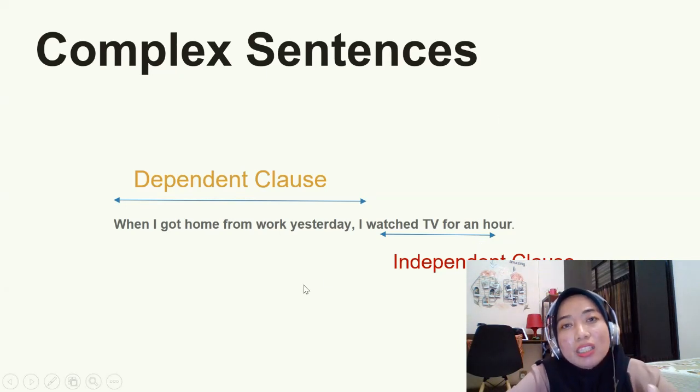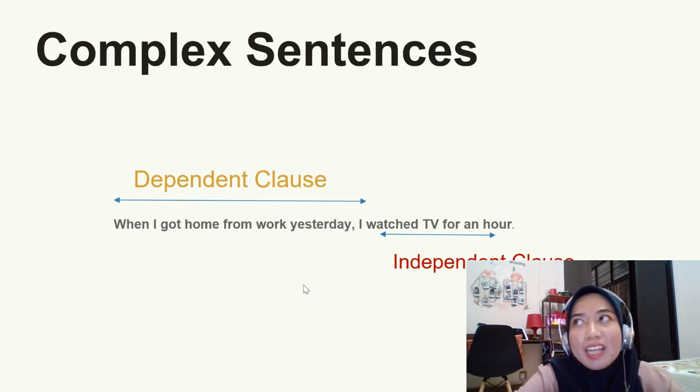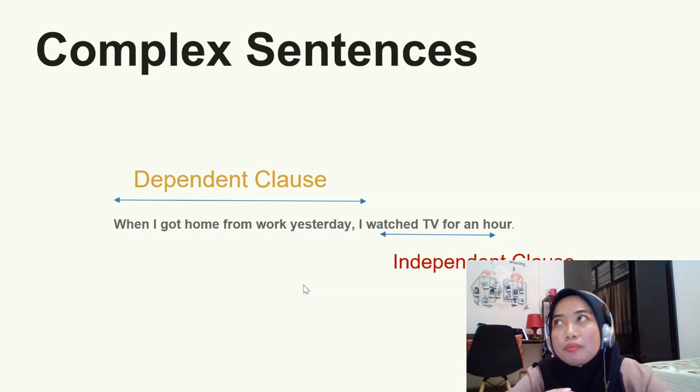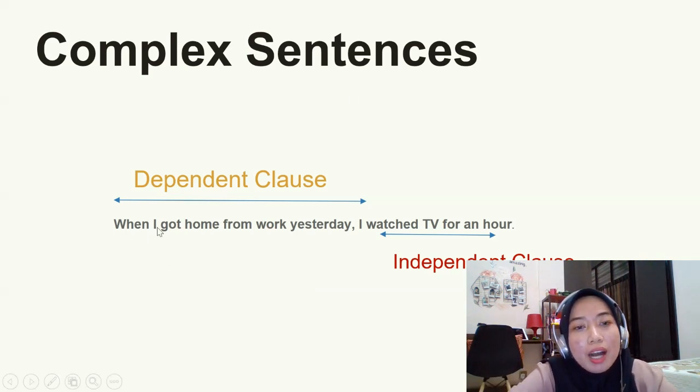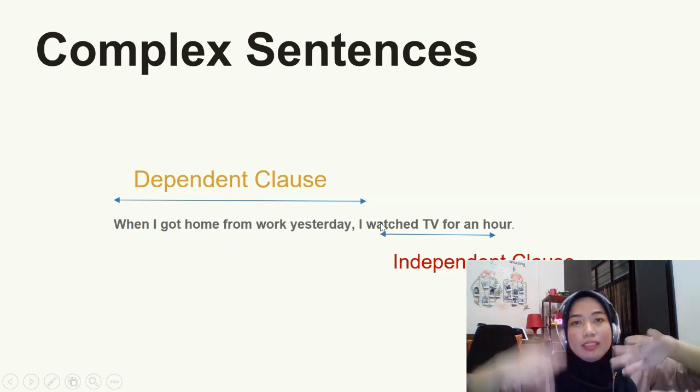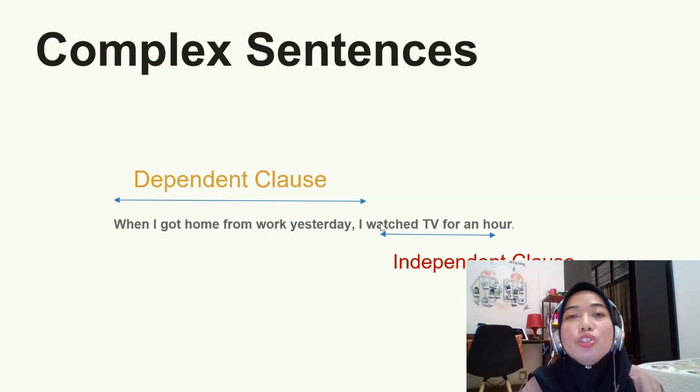A dependent clause is a clause that cannot become a sentence by itself. So if we look here, when I got home from work yesterday, it's hanging, it's incomplete.